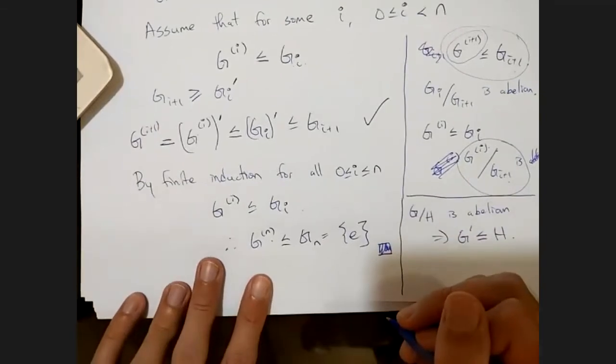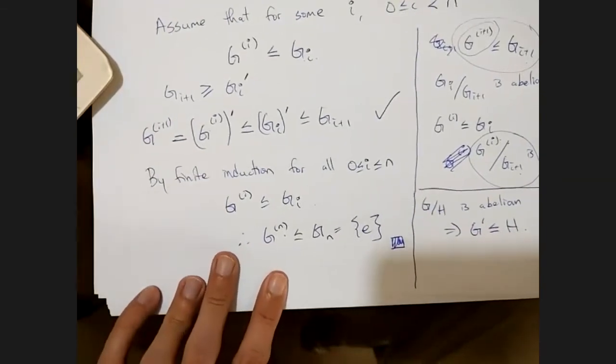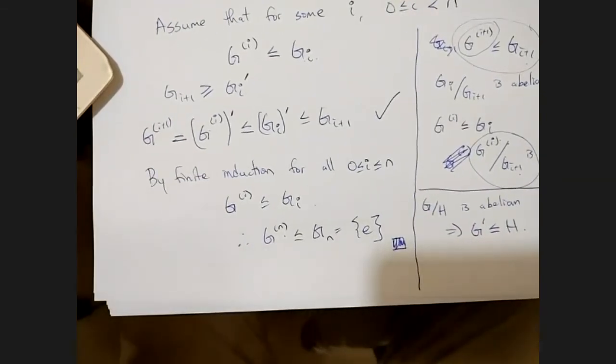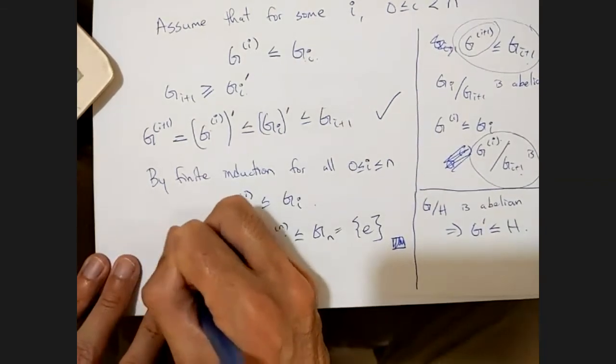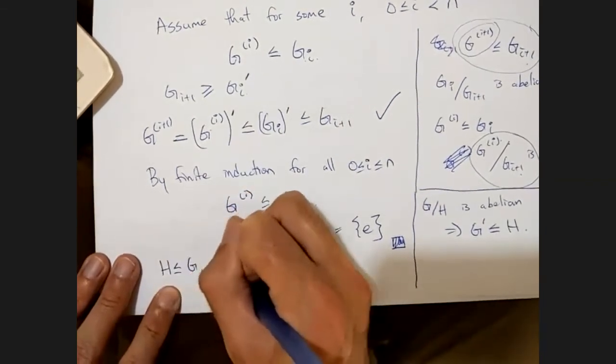But now if we go back, I wanted to show that any subgroup of a solvable group was solvable. So we had H is a subgroup of G and G is solvable.